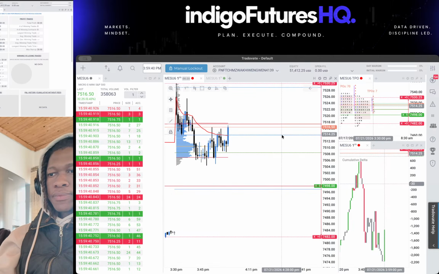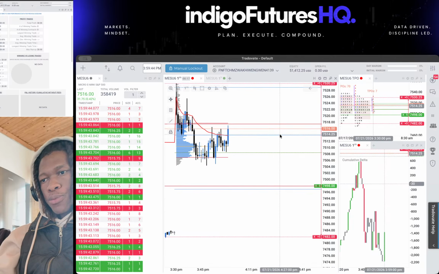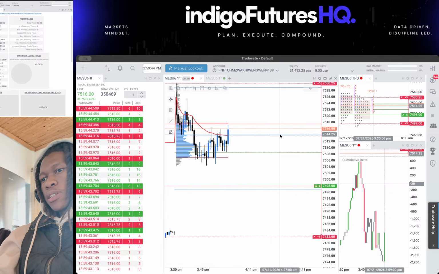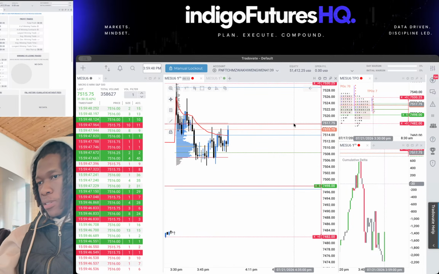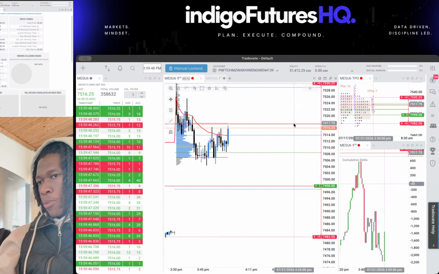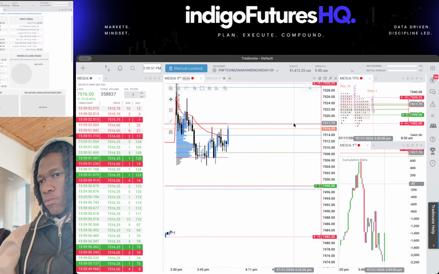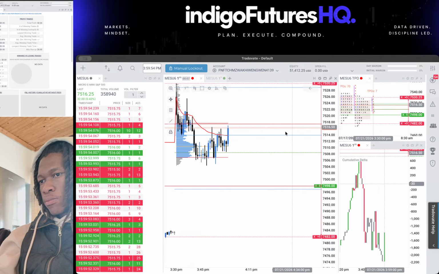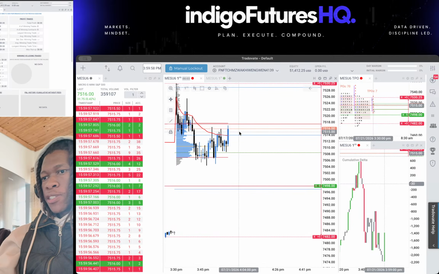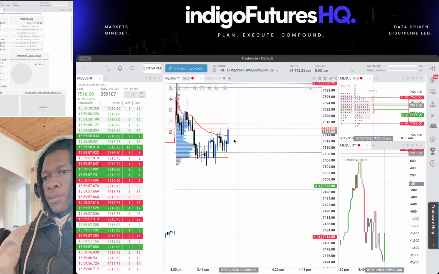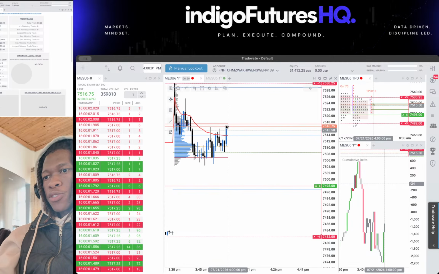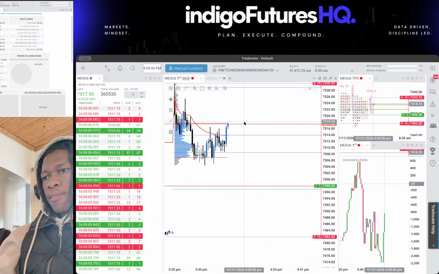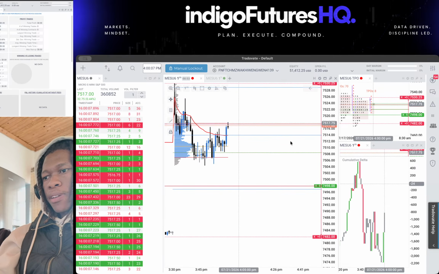Okay, here we go. That's the break of the overnight point of control. Did we break the previous day point of control? A break above previous day point of control would be encouraging because that support at TPOC, overnight point of control, previous day point of control, and then also we have fair value all the way up there.